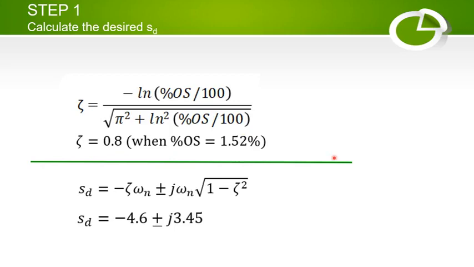Once you have the damping ratio value, you can calculate the locations of dominant poles using this equation. The damping ratio is 0.8, and also given to you is omega n, which is 5.75. Substitute in this equation, and you should get your desired dominant pole at minus 4.6 plus minus j3.45.